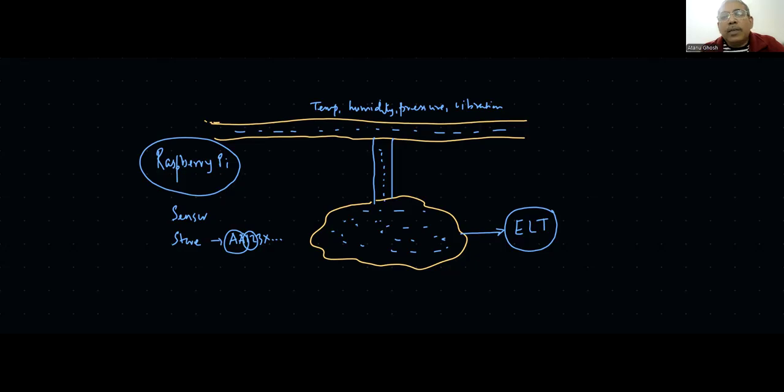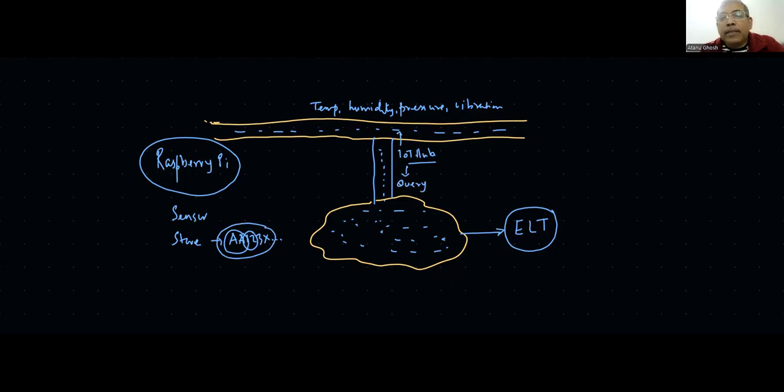We need something called an IoT hub, which will be able to talk to the device over here. So the device is capturing the streaming data, and the IoT hub should be able to talk to the sensors and understand this format of the data. And once that is done, then you need some kind of a query which will capture this information and push it to the data lake.